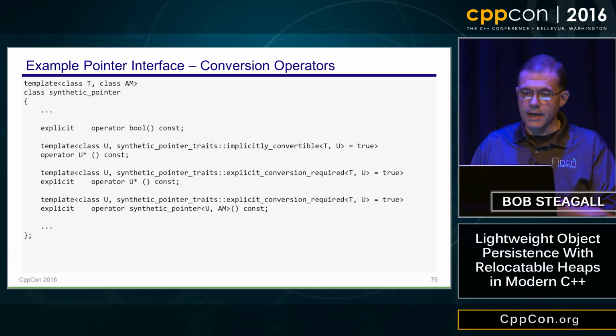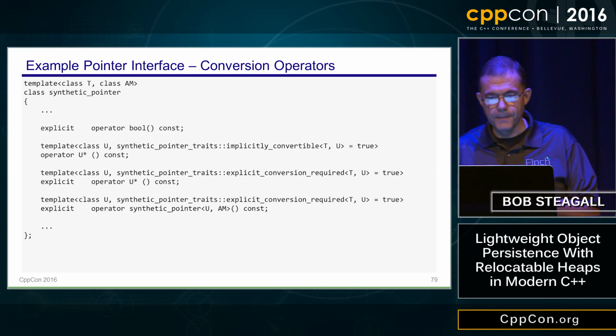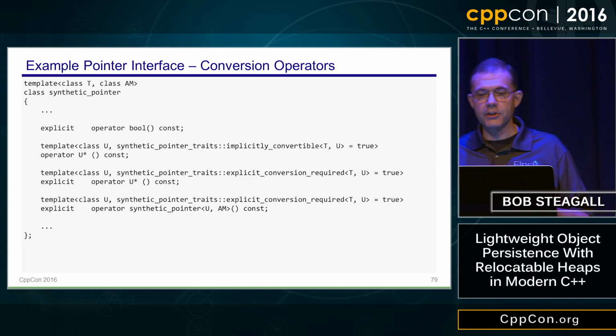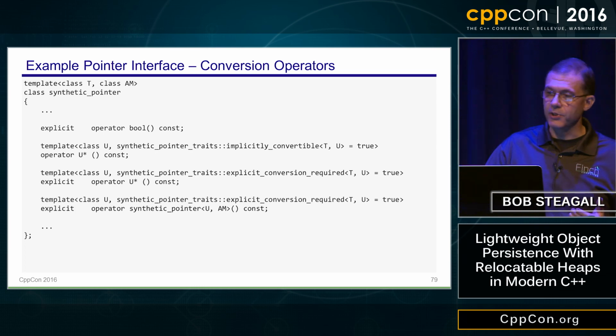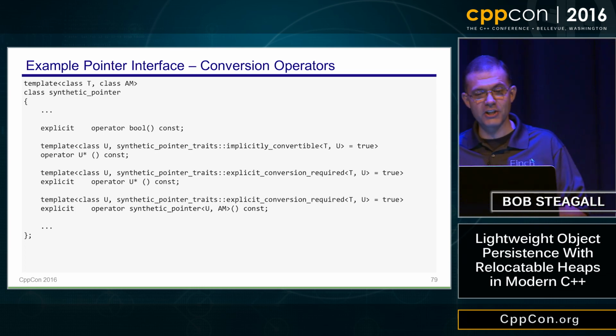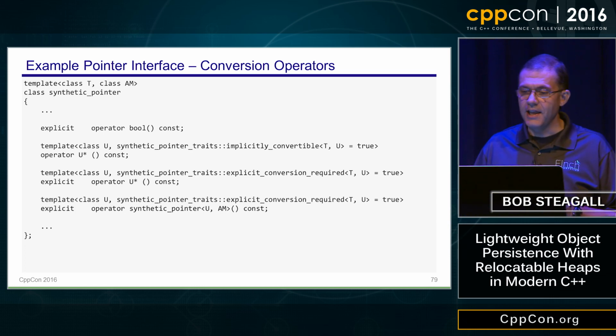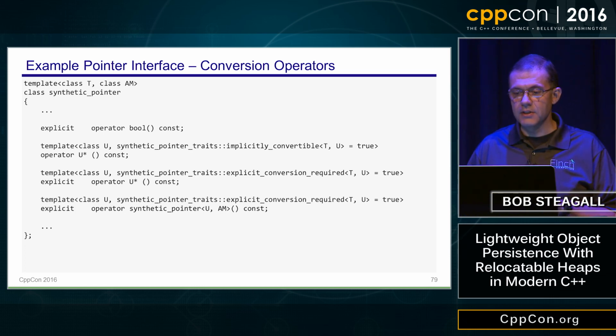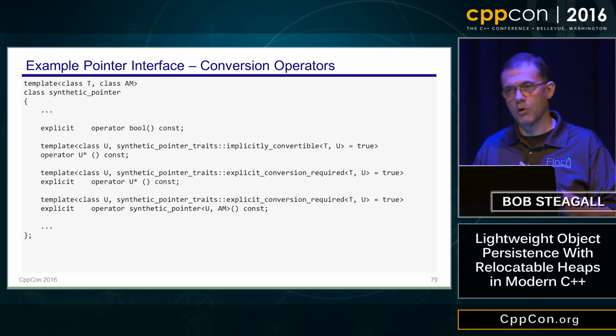The conversion operators I find to be interesting. The first provides an explicit conversion to bool, which is usually explicit, except when it exists in a context where so-called contextual conversion can occur. The way to think about this is the conversion to bool will be implicit if it occurs inside of an if statement or a while statement or a for statement.